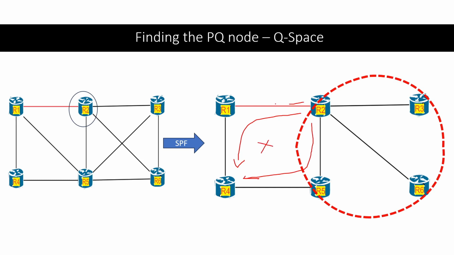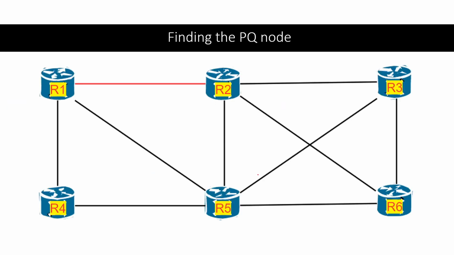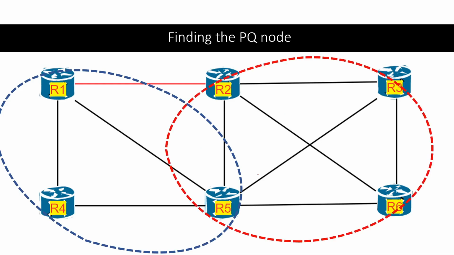It means it can send the packet over the protected link or via this link. Hence it is not considered a part of the Q space. So R5 becomes the PQ node here.